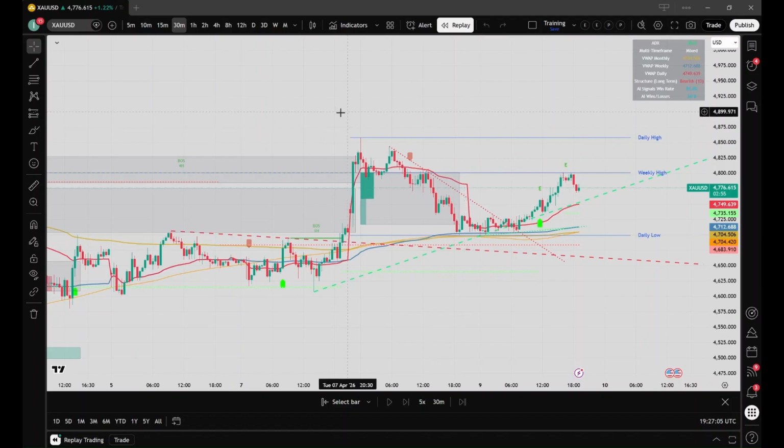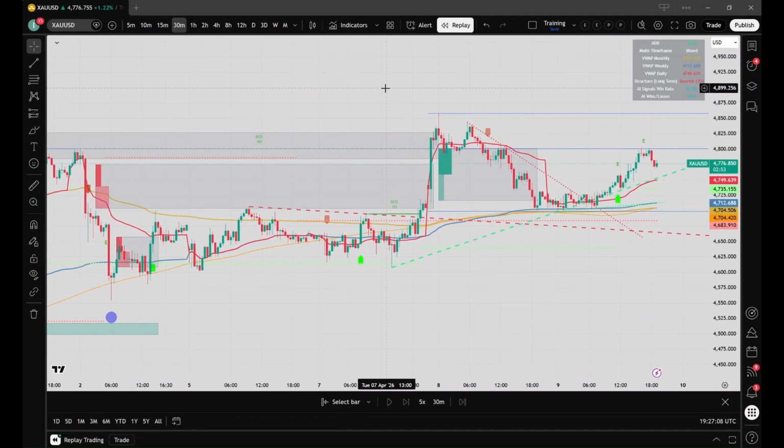So the entire point behind the toolkit from the very beginning was to make the market as easy as possible to read for clarity, and to basically be able to use the structure and context, because technically everything that you see on the chart is structure and context. It's price action, right?